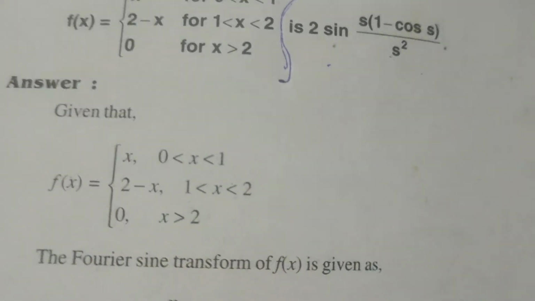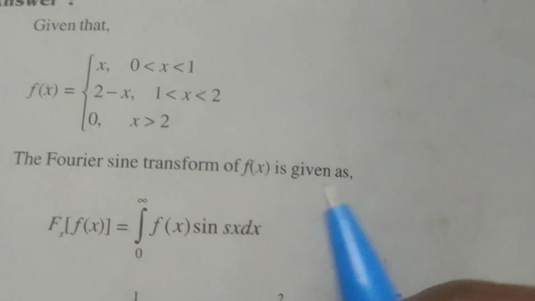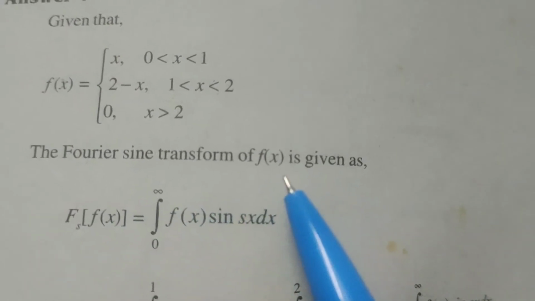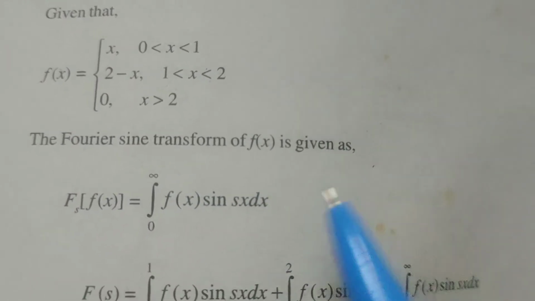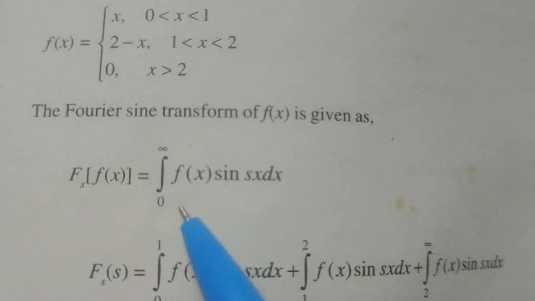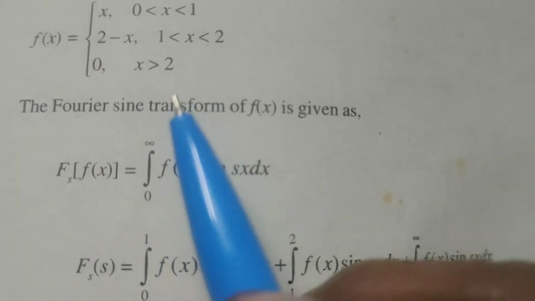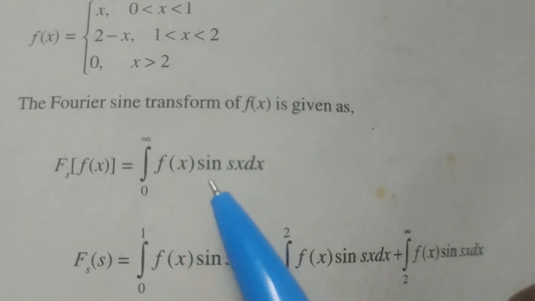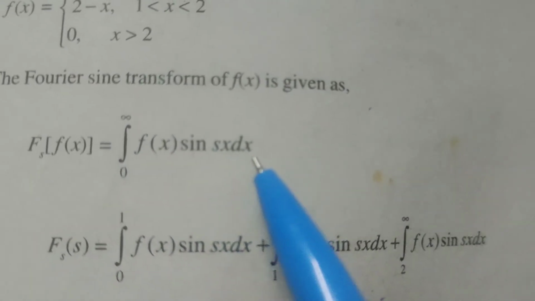First of all, write once again the given function f of x. The Fourier sine transform of f of x is given as F suffix s of s equals the integral from 0 to infinity of f of x sin sx dx.